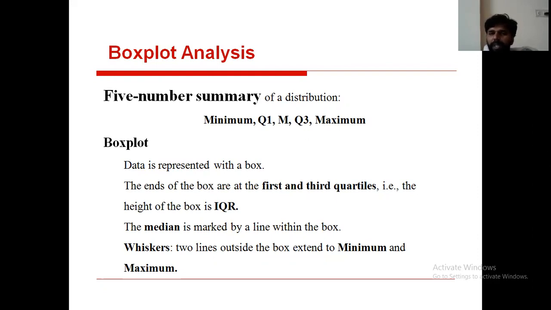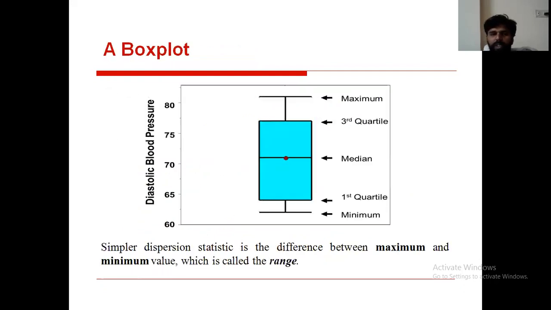Median means middle value, right? The difference between quartile 3 and quartile 1 is called IQR, that is interquartile range. This is the simple box plot representation. These box plots are used for visualization and data distribution.